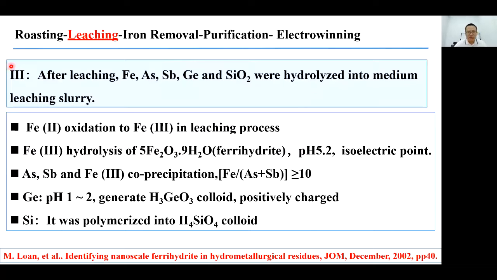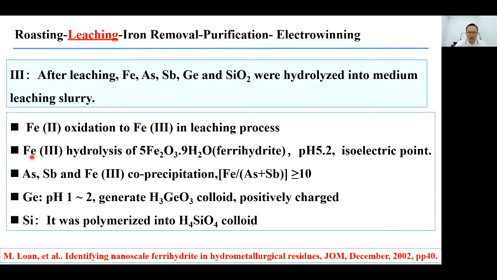And those elements were hydrolyzed into the leaching slurry. So they will enrich in the leaching residue. And also, I have already told, ferrous iron should be oxidized to ferric iron in the leaching process in order to get this one precipitated in the hydroxide form.